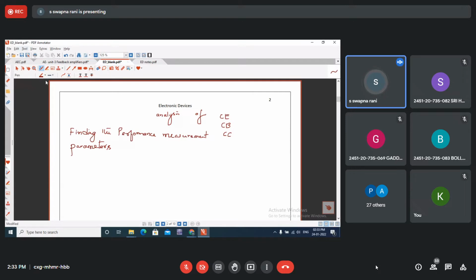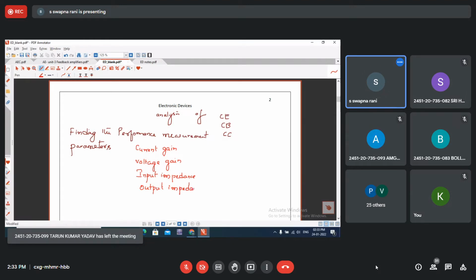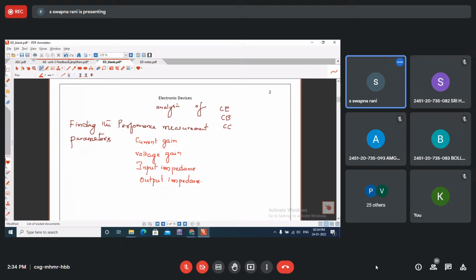So the performance assessment parameters are the current gain, voltage gain, input resistance or input impedance, and output impedance.